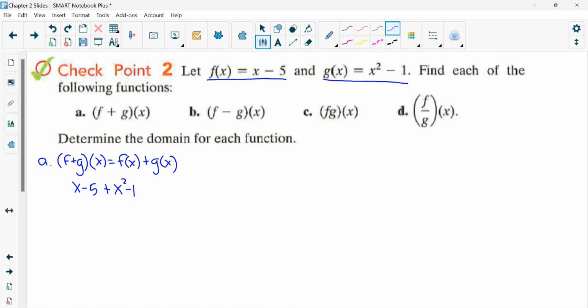And we'll write our final answer as f plus g of x equals x squared plus x minus 6. Okay, so we're combining our like terms, writing it in standard form, and our last step should have that proper notation, f plus g of x equals.